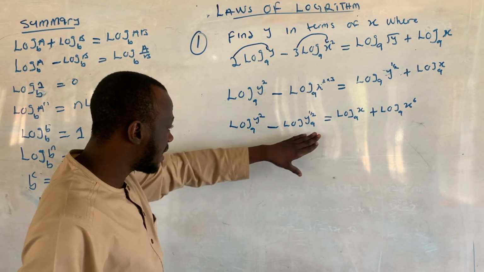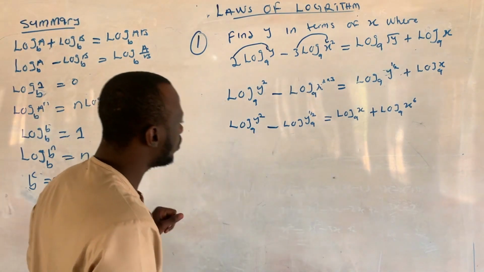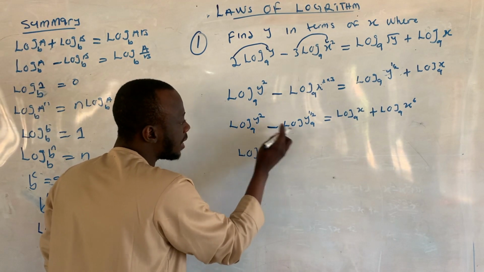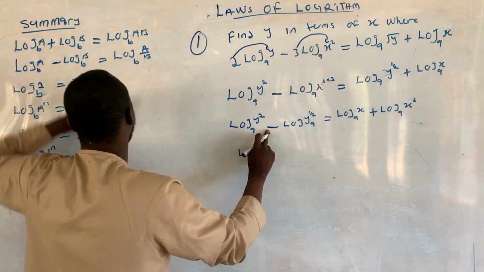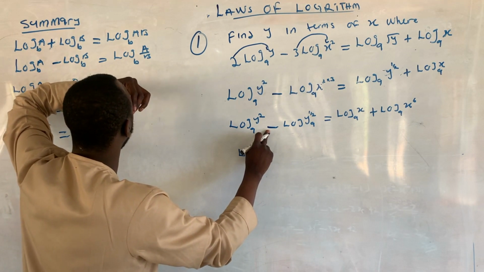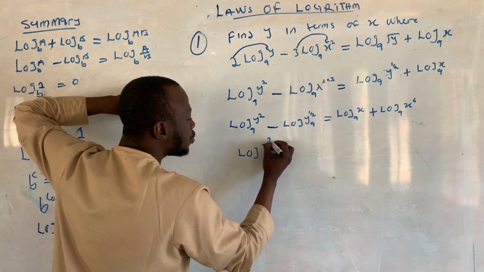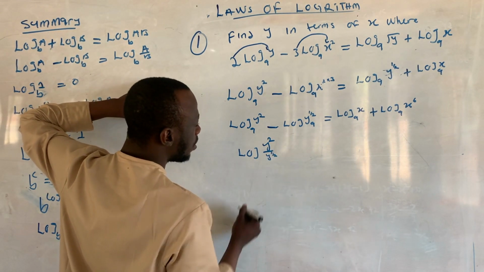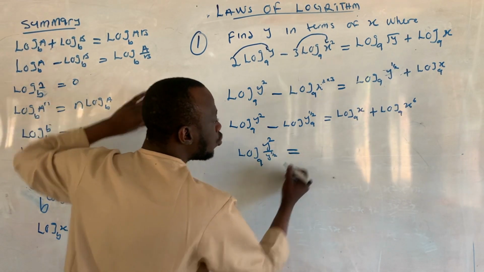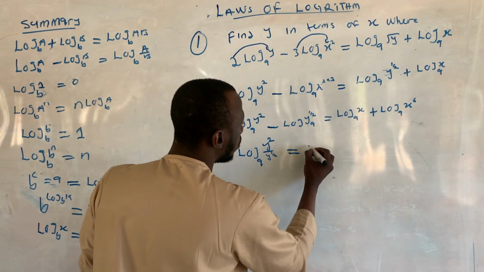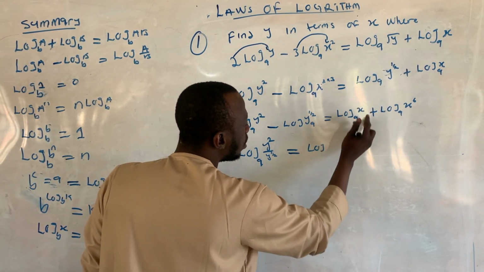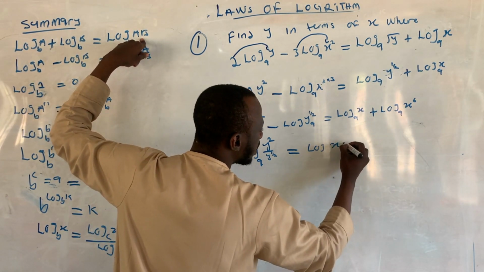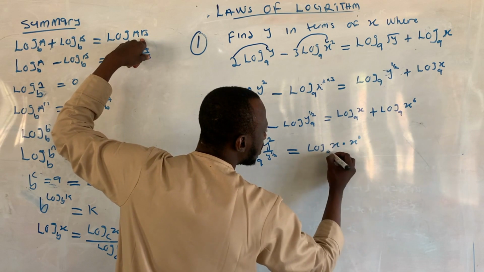So from here we can say that there is a negative sign between the two, so we are to divide the powers. We will have y squared all over y to the power of 1 over 2 base a is equal to, for the plus sign, we multiply the numbers: x times x to the power of 6 base a.